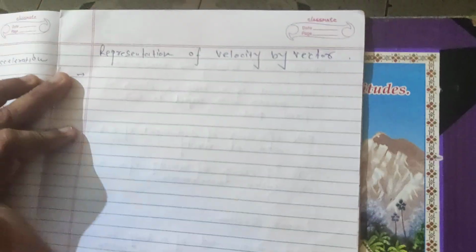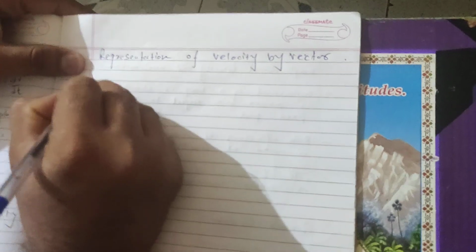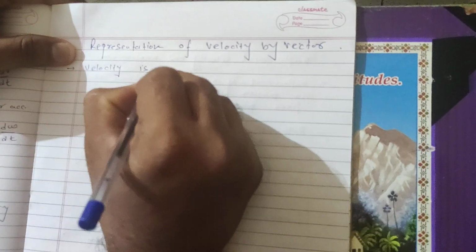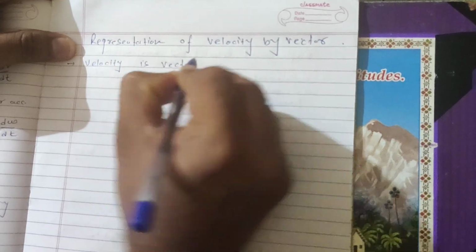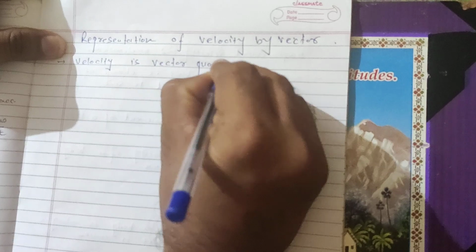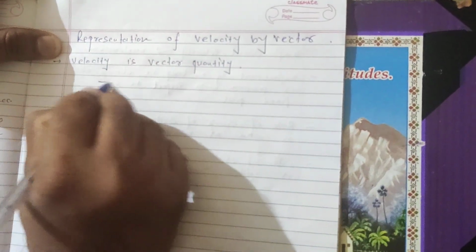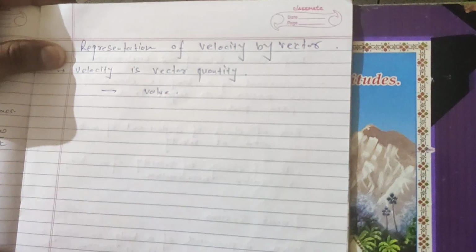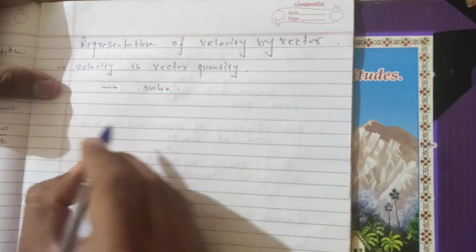Already we know that velocity is a vector quantity, so it has a direction plus a value.